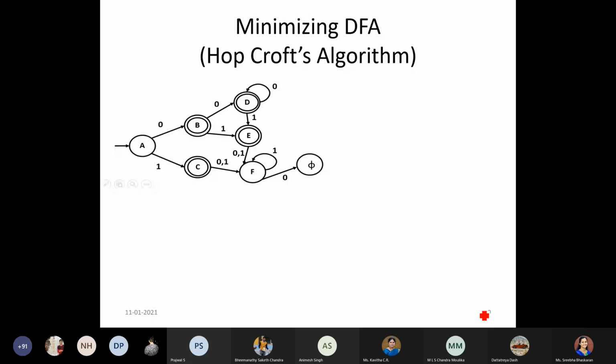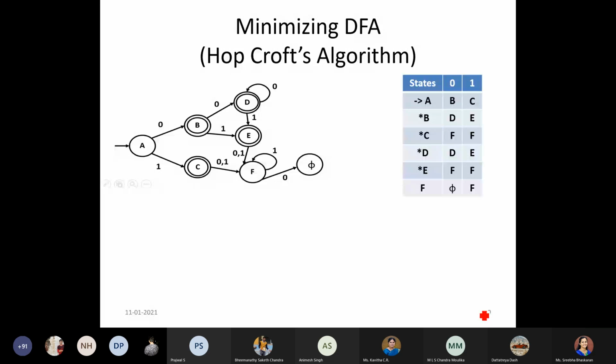So given this DFA, first thing is we have to generate our transition table. With A considered to be the initial state, B, C, D, E are considered to be final states. We have another state F and a trap. If you don't represent this from F to this, it's also fine.